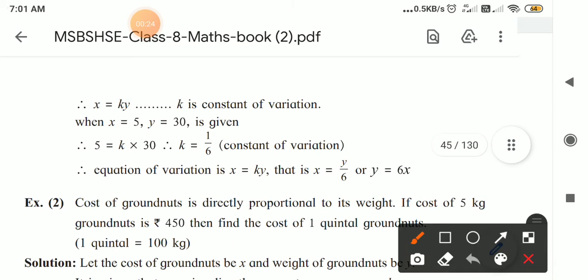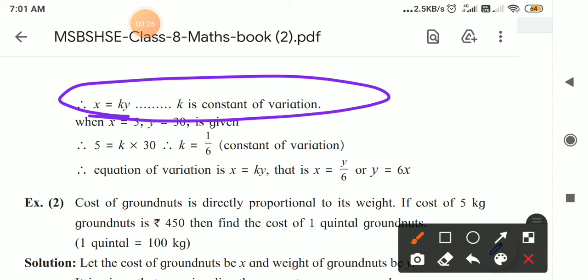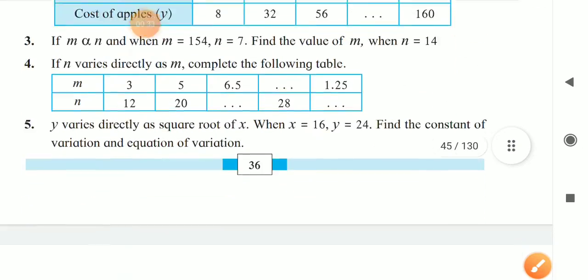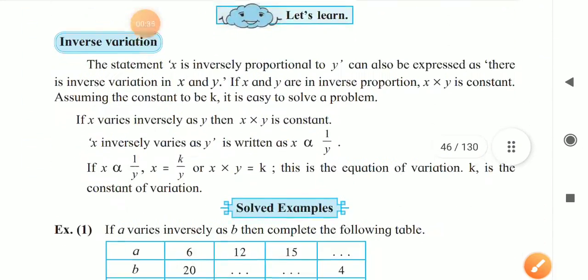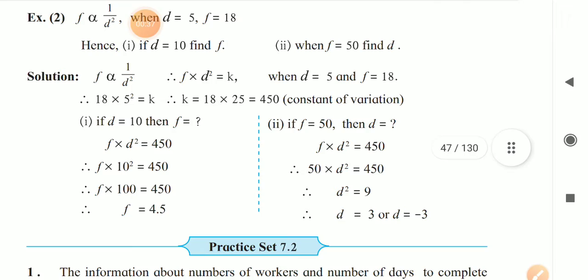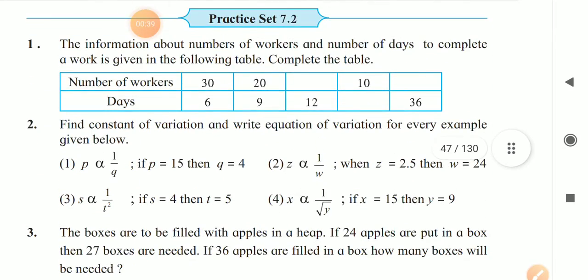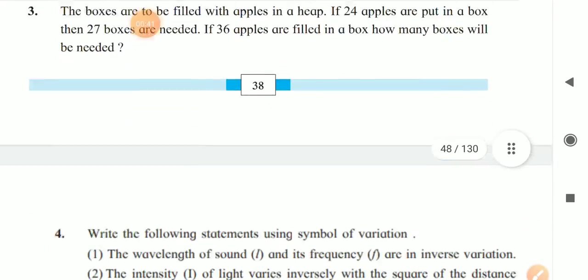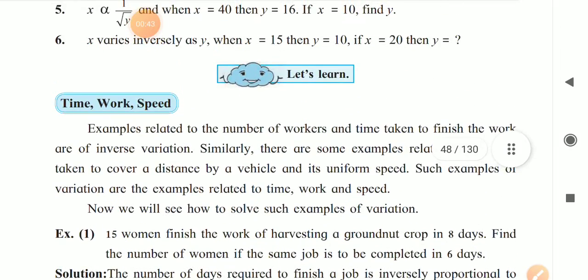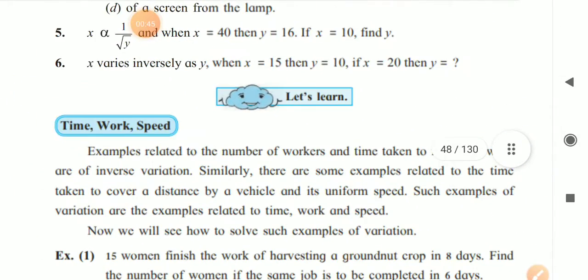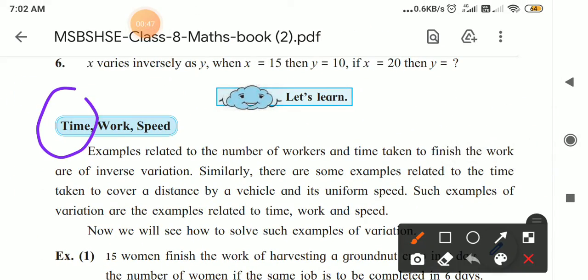We saw how to find the constant in direct and inverse variation, and also how to find the equation of variation. Then we solved some of the examples given in our textbook, and I told you to solve 7.1 and 7.2. Now today we will see examples based on time, work and speed.